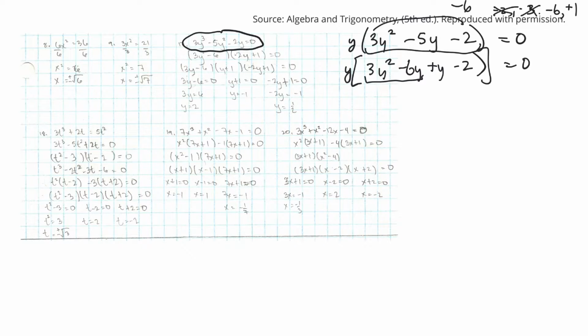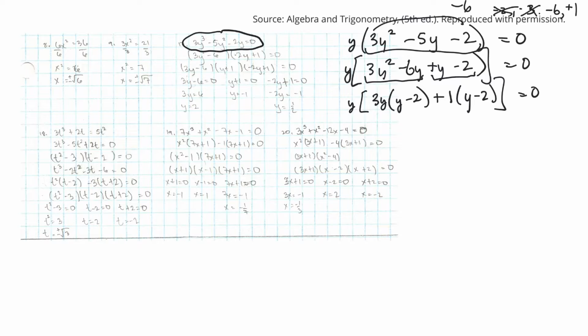And then group factor both of those. So out of the first ones, I can take 3y out, leaving me with y minus 2. And out of the second one, I can't take anything, but I always have to take at least something, so I'll take a 1 out, leaving me with y minus 2 equals 0.